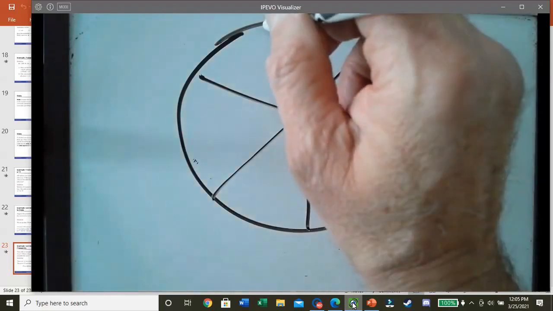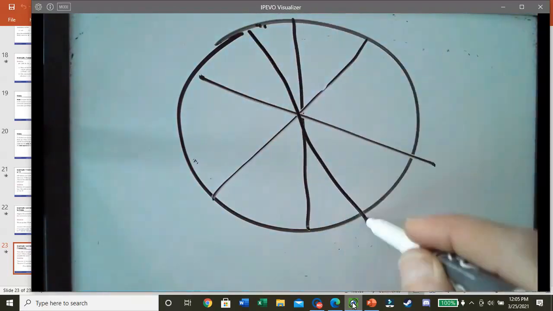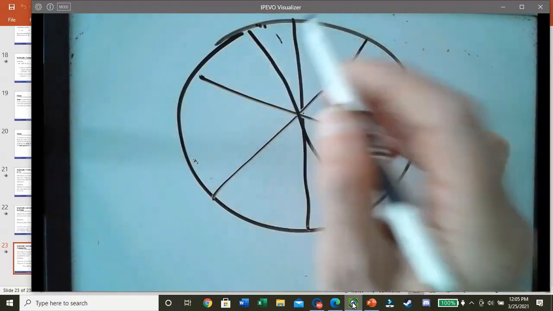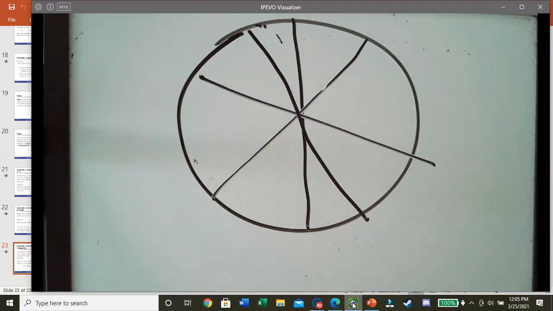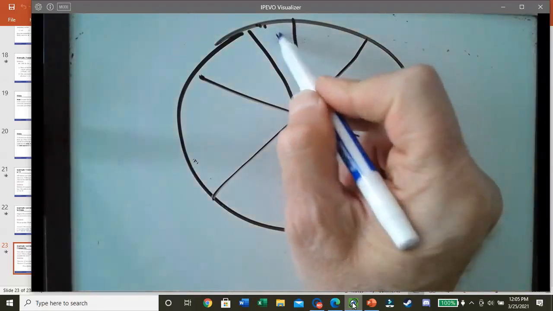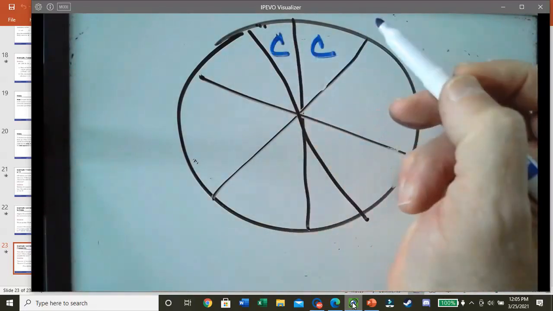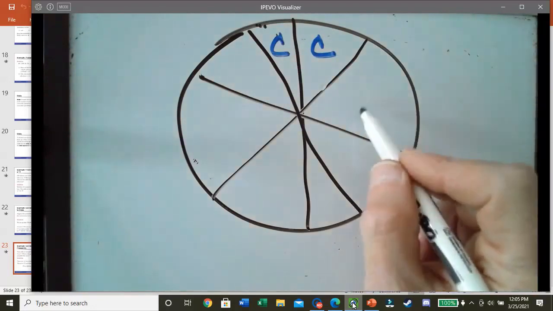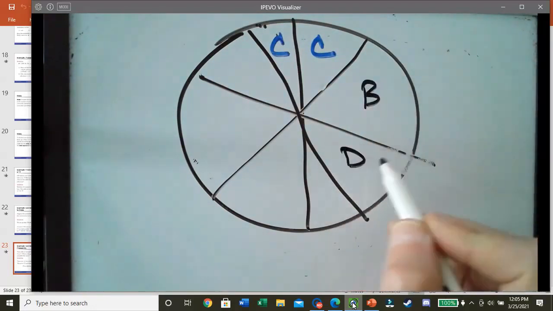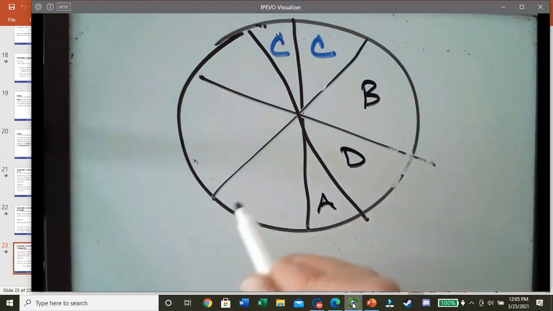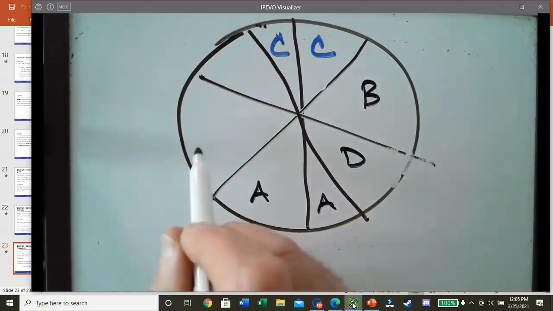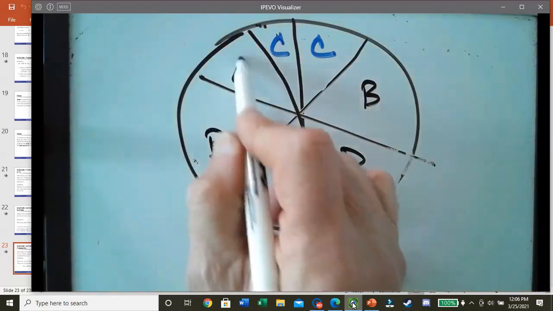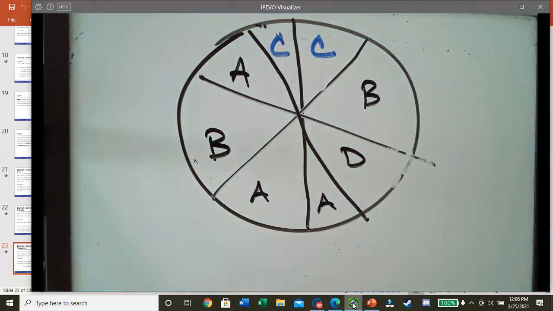We need one more. So here we've got C, and then the rest of them are B, D, A, B, A. Okay.